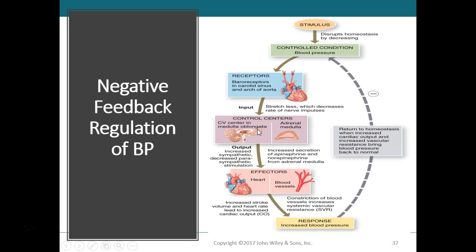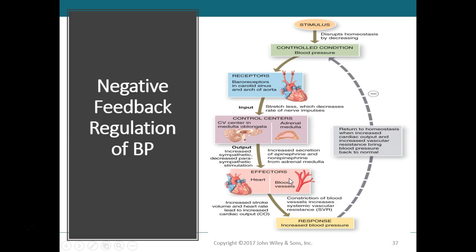Okay, so what's going to happen? We're going to have increased sympathetic, accelerator, decreased parasympathetic, brake stimulation. The adrenal medulla is also going to be stimulated to increase its secretion of epi and norepi, because remember, those are going to increase your cardiac output. So your heart starts beating faster, it starts beating harder, stroke volume is increased, so cardiac output increases.